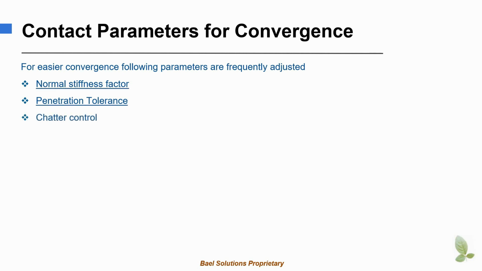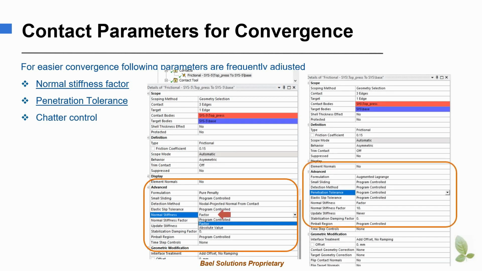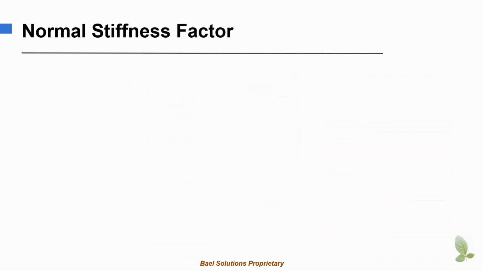The first two parameters can be changed from the advanced branch of the details window of the contact pair. Chatter control can be adjusted using the command snippet. We are going to see what is the normal stiffness factor and how it can facilitate a better convergence.